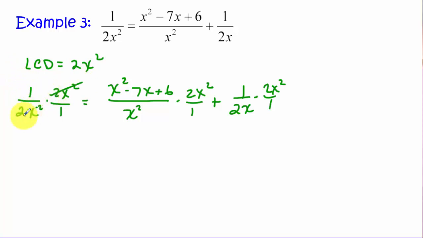So this cancels, so we have 1. Here the x squared cancels. Now we have to distribute that 2. So 2x squared minus 14x plus 12.